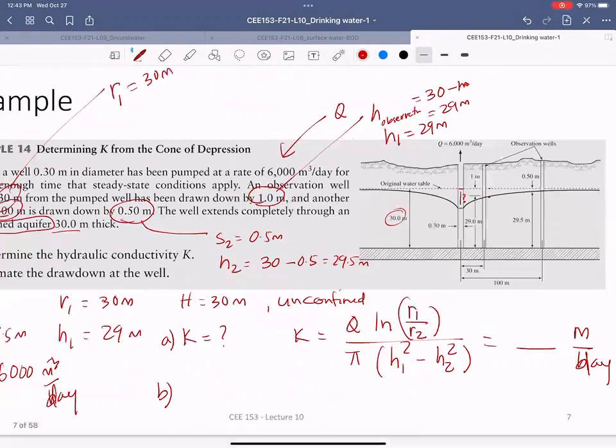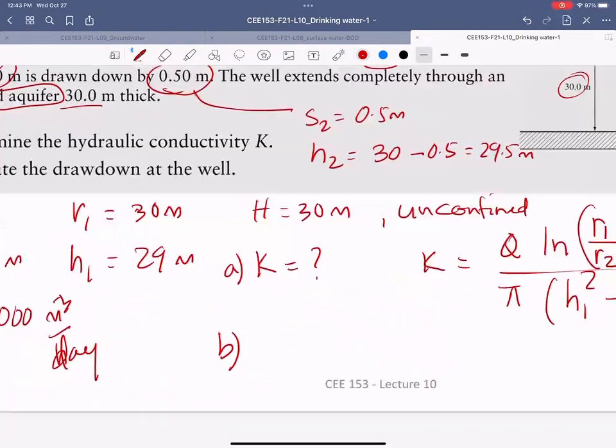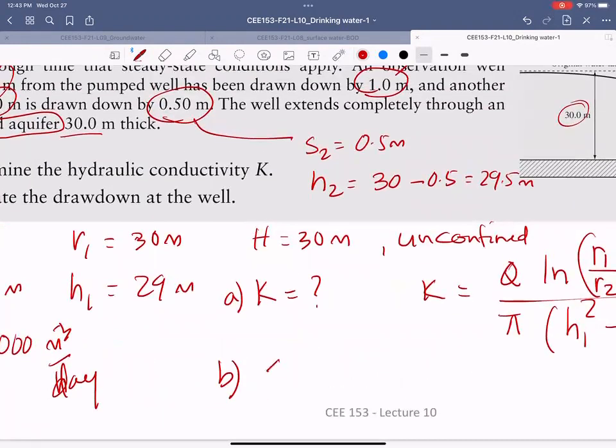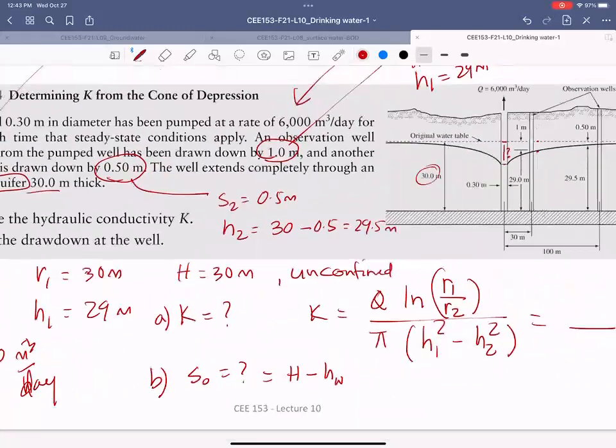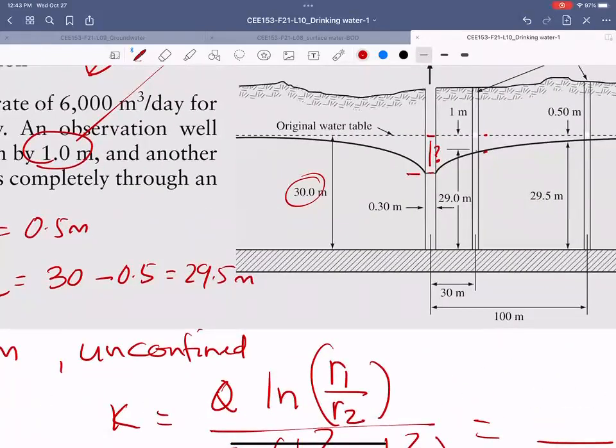So let's say at the well, the drawdown is S0. I'm just showing what that number is. That one is basically the initial height minus the head at the well, HW.